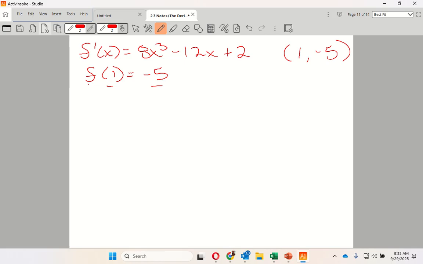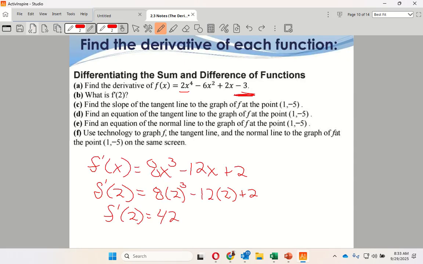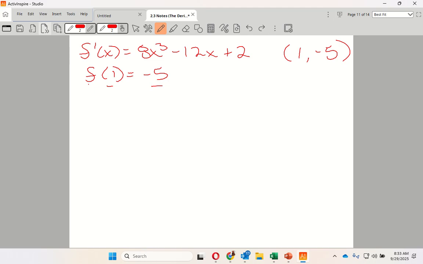So now it asks to find the equation of the tangent at that point. So first thing I have to do is f prime of 1. Now, help me out. What is f prime of 1 going to give me? It's the what?